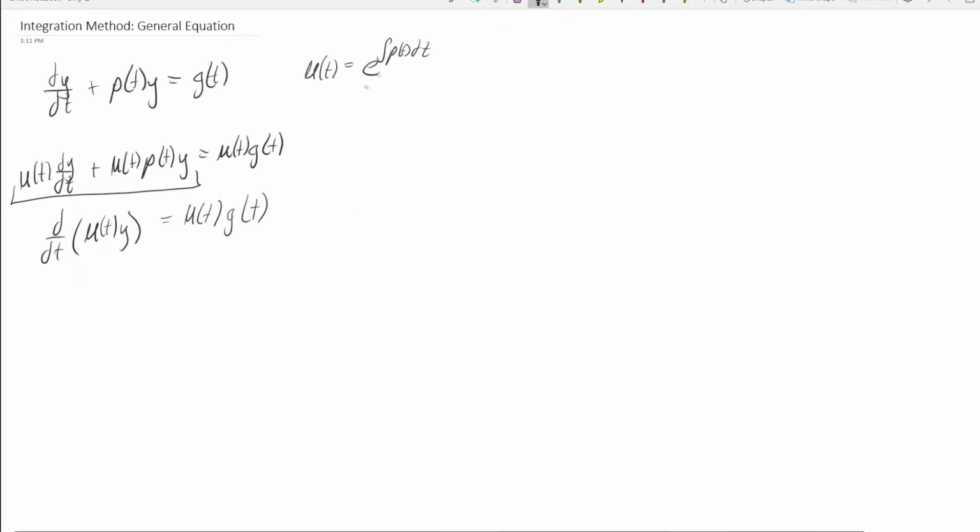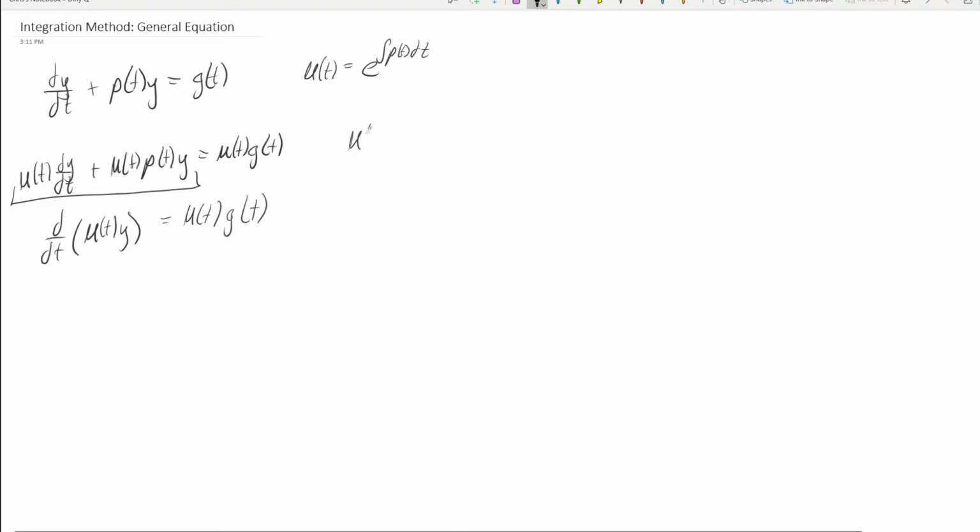So this whole step right here is how we're going to start looking at how we get this. To make this possible, what we have to do is make this right here equal to this.